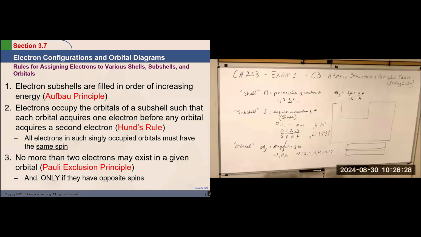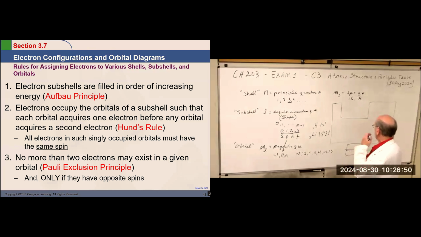Don't remember that one. Ytterbium, Yb, and lutetium. There are 14 elements there. You're filling f orbitals. That's how the periodic table is constructed. Why it looks the way it does. Okay?